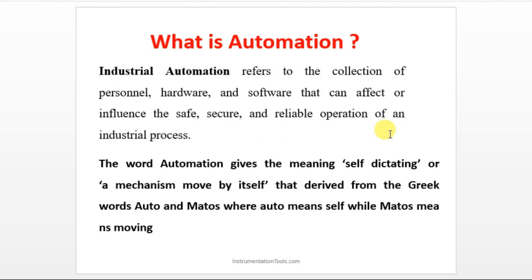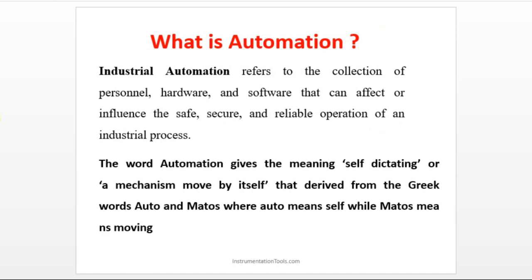It is a Greek word, and they combined these two to make the word automation. So why have we introduced automation? Mainly to replace the human operators, to improve the safety, and obviously to increase the production, right?